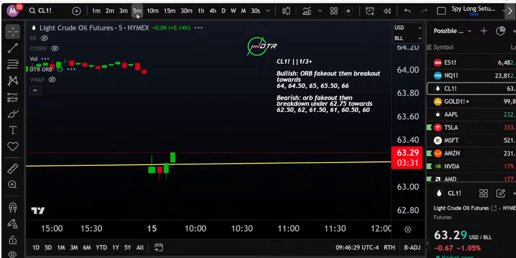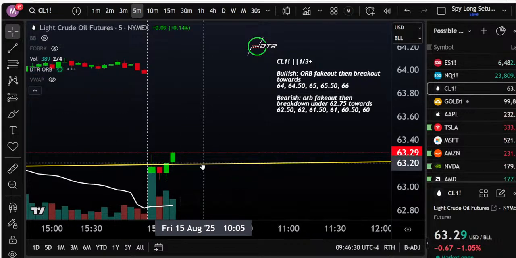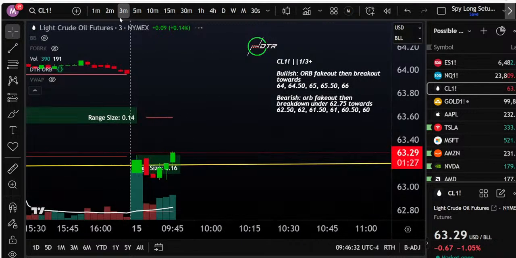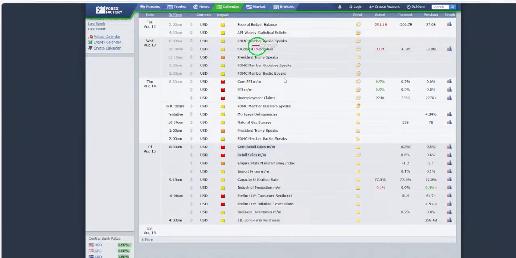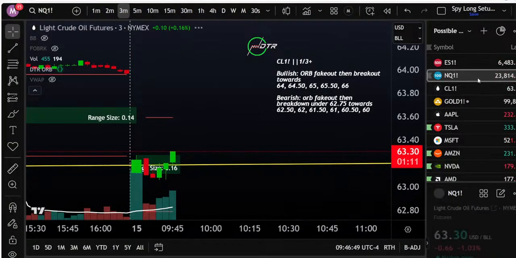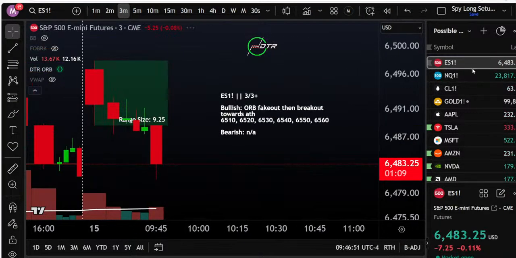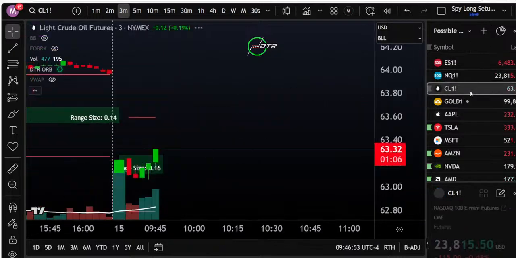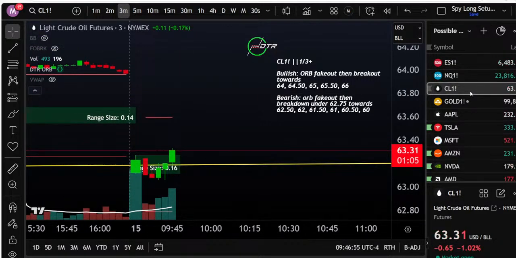CL, this is probably where things are the most interesting. We don't really care about the 10 a.m. data on CL, all things considered. I mean, inflation maybe, the expectations maybe.